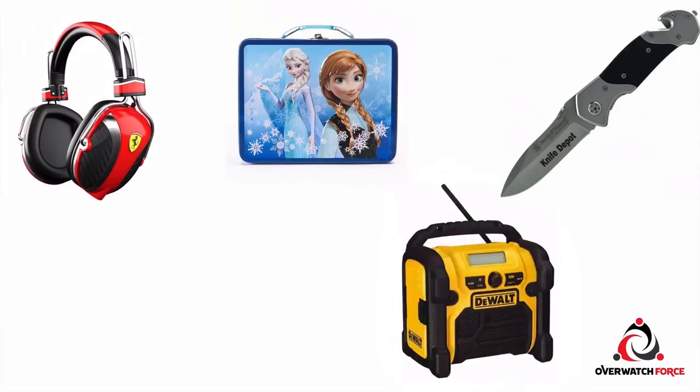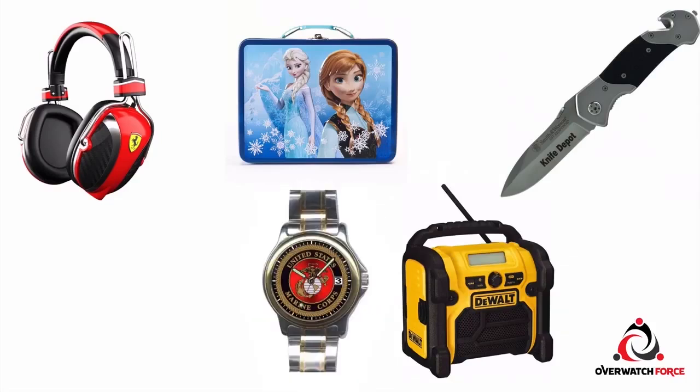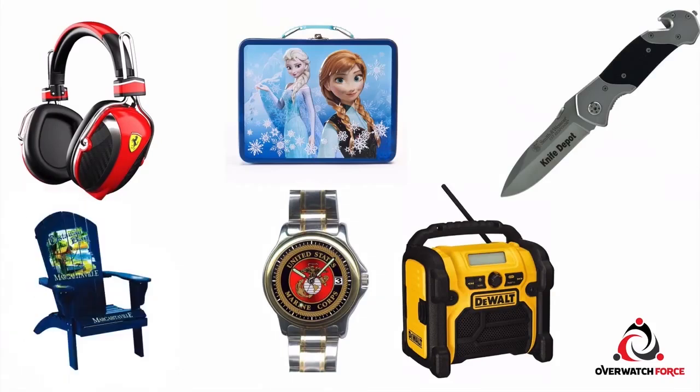A yellow, ugly radio thing, or a DeWalt thing? A regular old silver watch or the United States Marine Corps endorsed watch? A blue chair or a Margaritaville chair? It completely changes the positioning of the product and therefore the price and therefore the conversion of it, because people want this thing that is associated with the brand that they know, like, and trust.